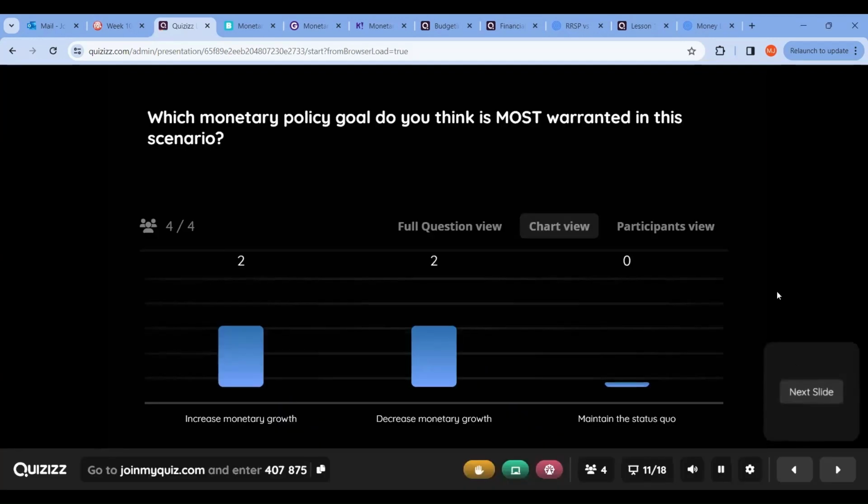Increased monetary growth, decreased monetary growth. Let's go back to the scenario here.